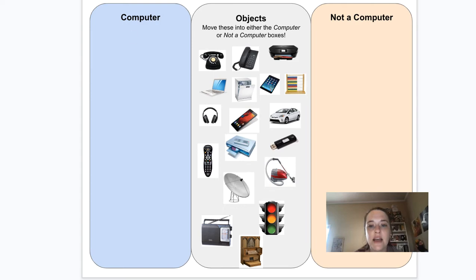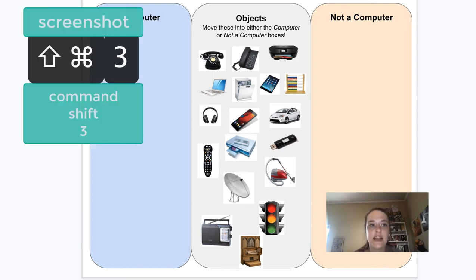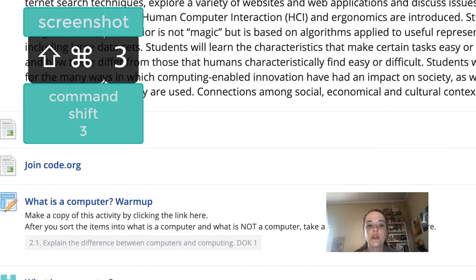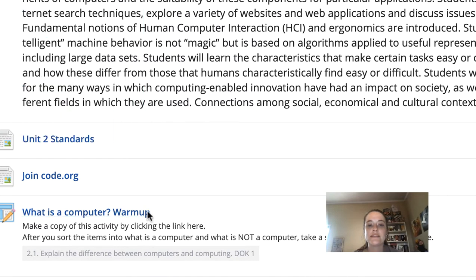And whenever you get done, you're going to take a screenshot of this and you are going to upload it to this assignment post, okay? So go ahead and pause the video. Go to Schoology so you can get this assignment.